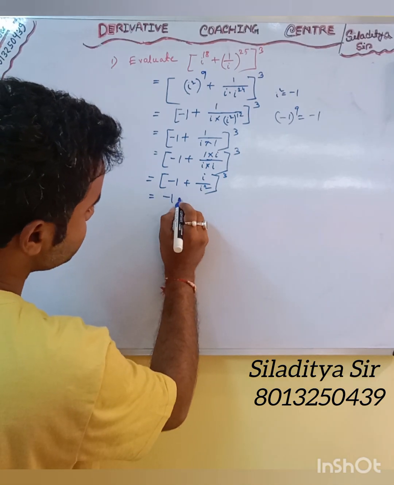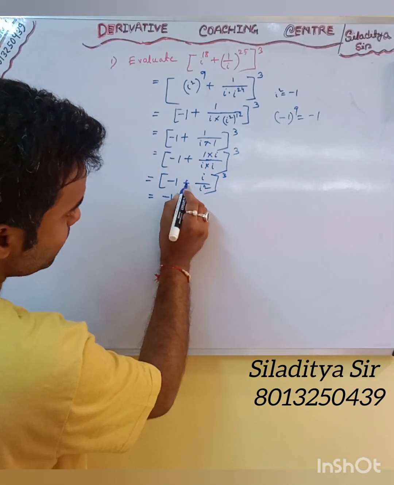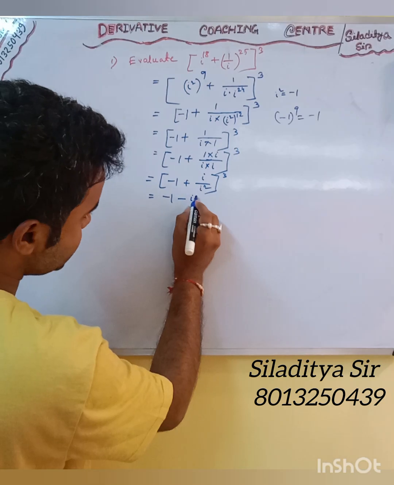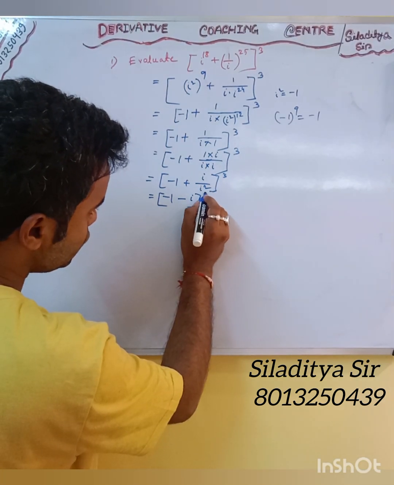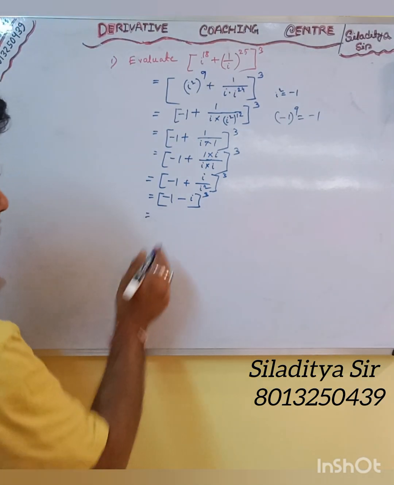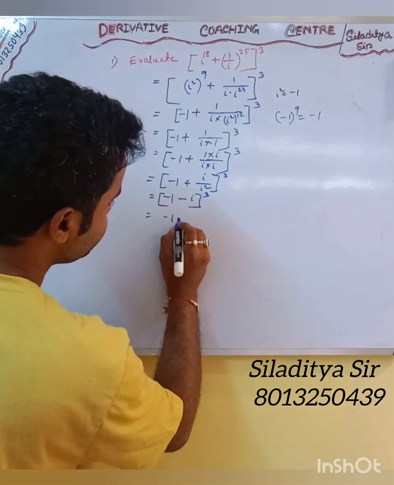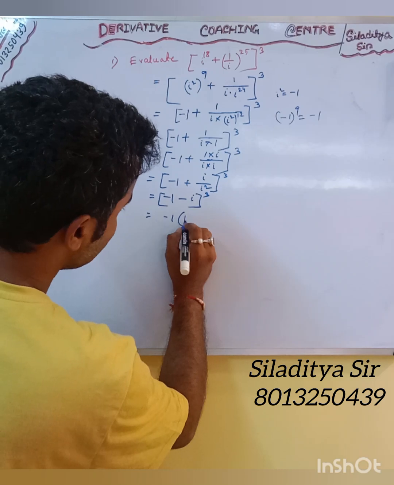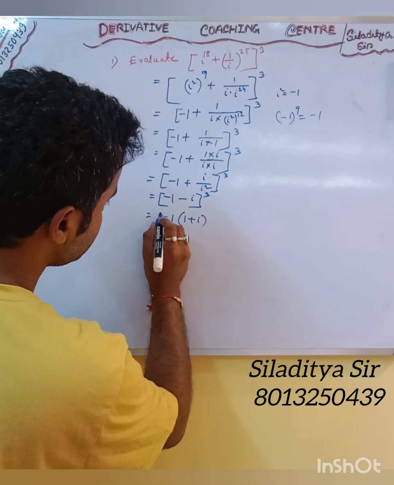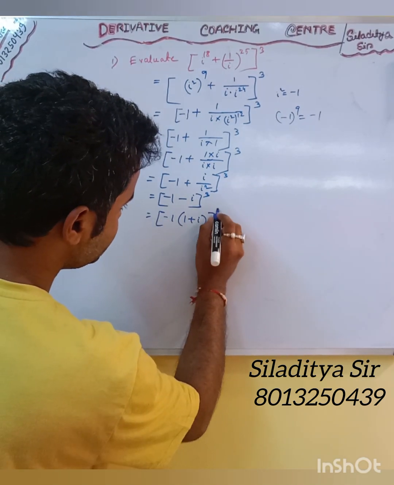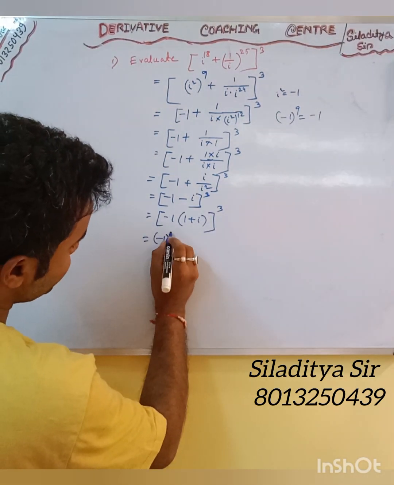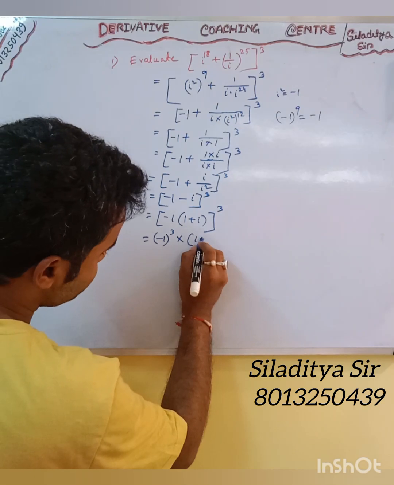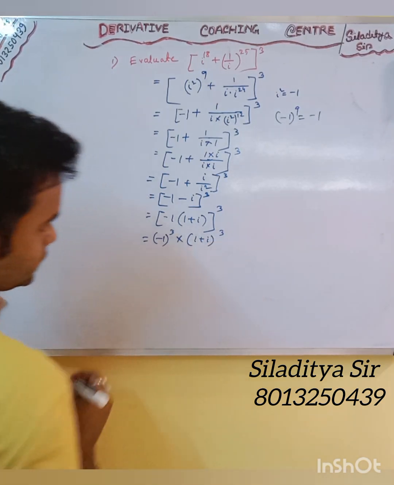Now look, minus 1 plus minus minus i, so that is whole to the power 3. Now take minus 1 as common, that becomes 1 plus i whole to the power 3, so minus 1 whole to the power 3 into 1 plus i whole to the power 3.